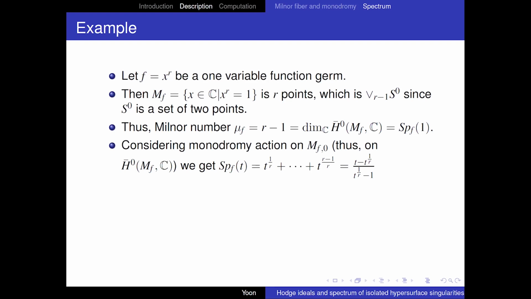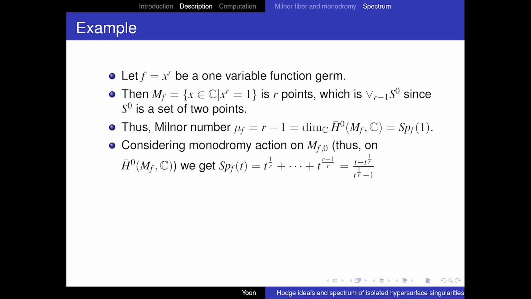Now, it's time to consider the monodromy on these r points. You can make a loop, for instance, like e^{2πiθ}, something like that, and the action happens like this.